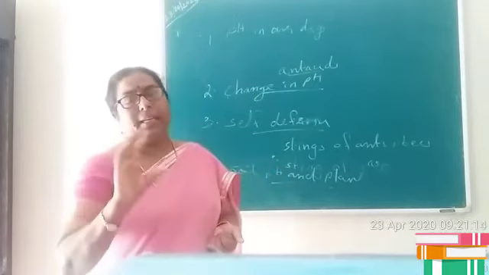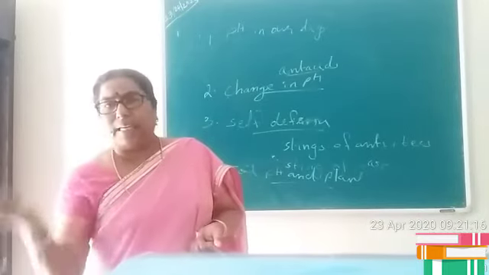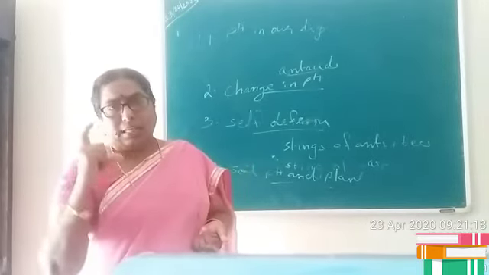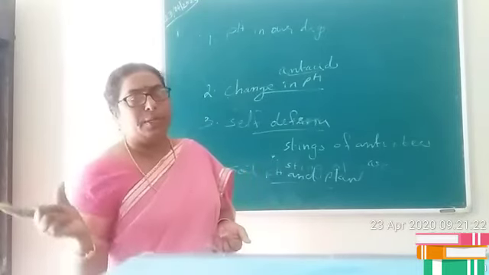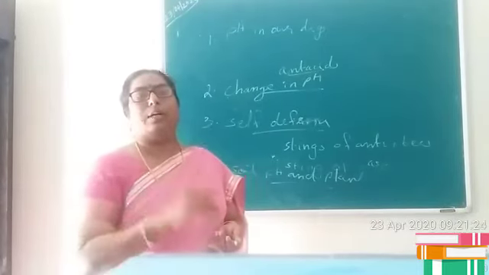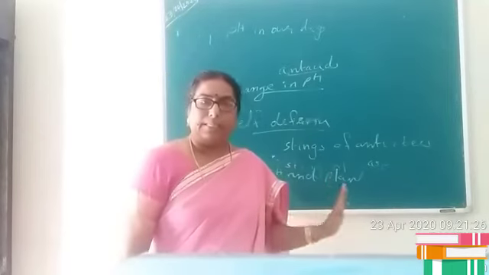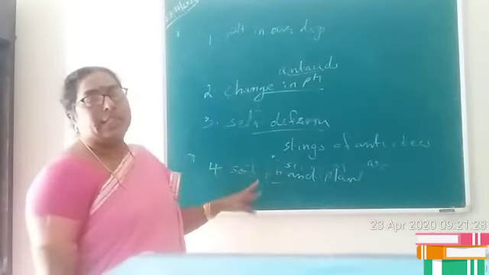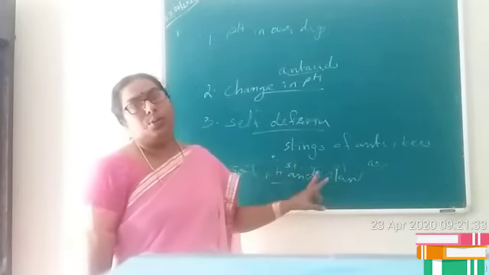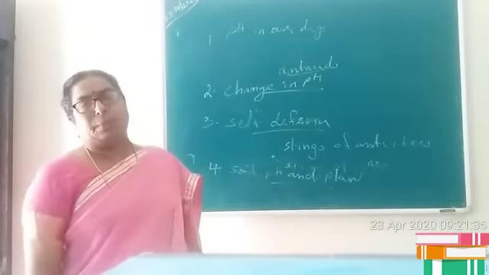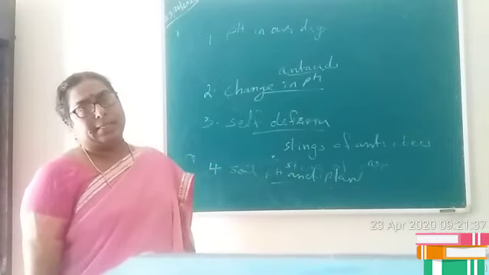After shaking, filter the solution and check the pH of the filtrate with the pH paper. According to the pH, you can provide particular chemicals to adjust the pH, and the proper pH helps in the proper growth of the plant. Is it clear, children? So that is about the applications of pH. The rest we will do in the next class. Thank you.